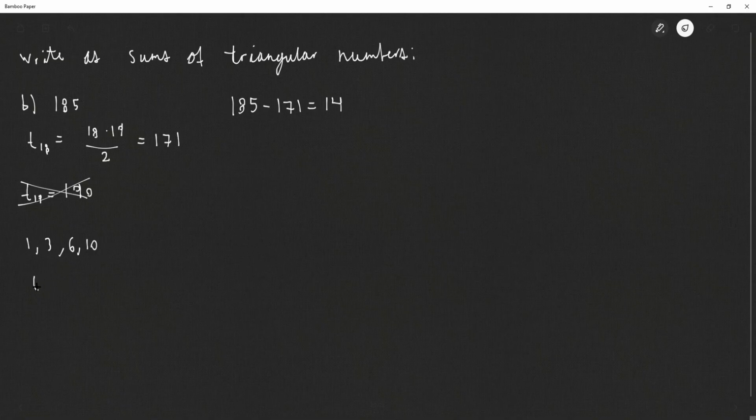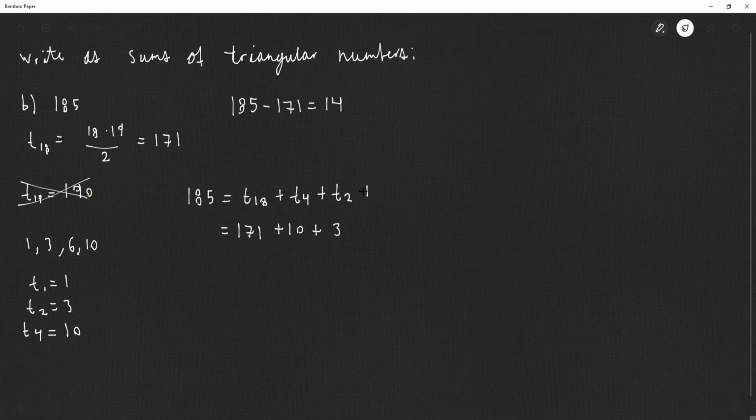So we'll have our t1, which is equal to 1, our t2, which is equal to 3, and our t4, which is equal to 10, meaning that 185 is equal to t18, which is our 171, plus t4, which is going to be our 10, plus t2, which is going to be our 3, and finally t1, which is going to be our 1. So this is going to be our final equation.